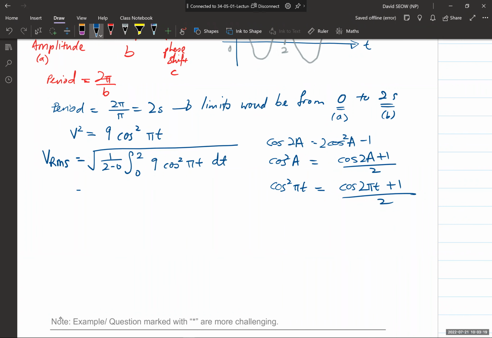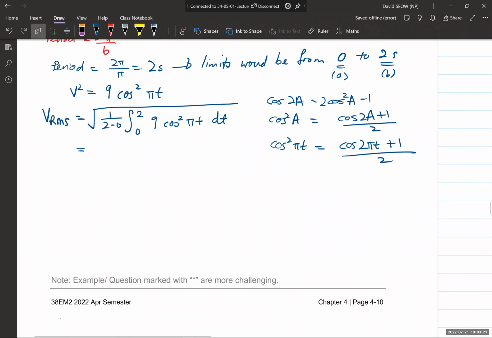And this I will then get root 9 over 2 of the cos square pi t.